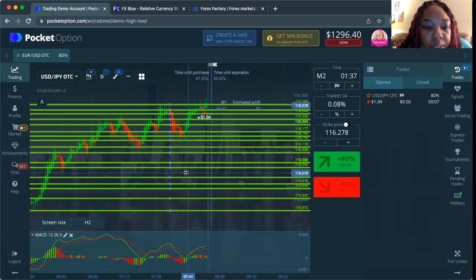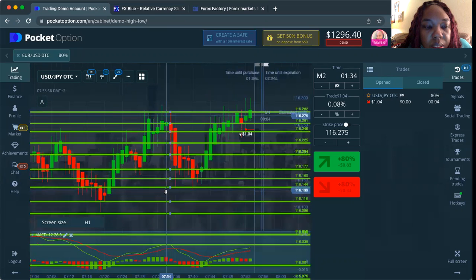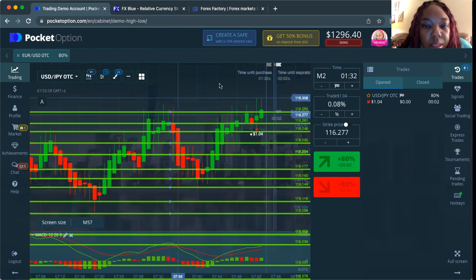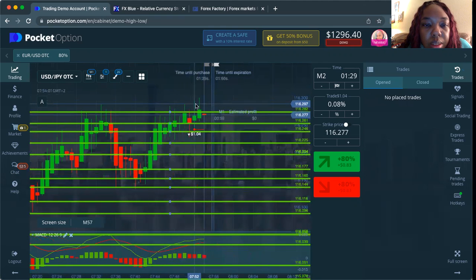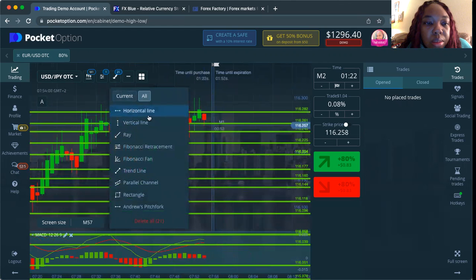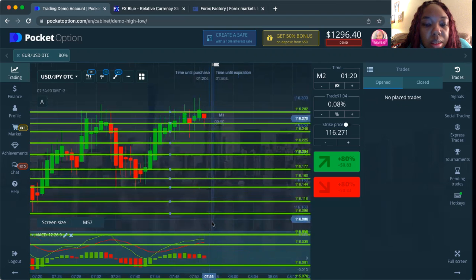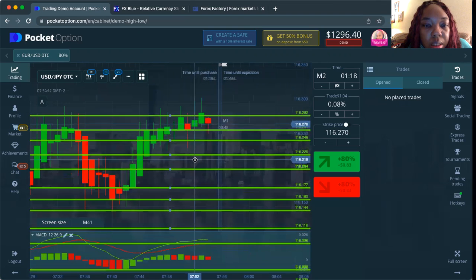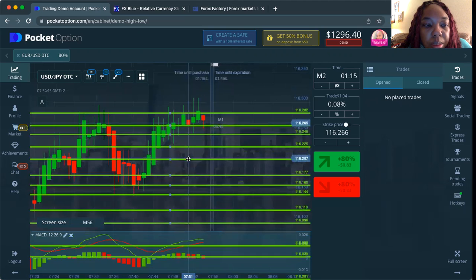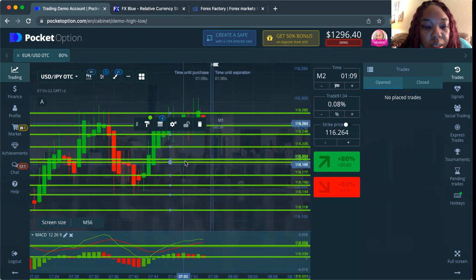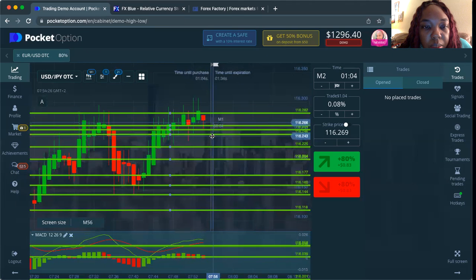That's weird. So this area here is, and I lost that trade. It's got too many horizontal lines right now. I don't know. Oh, there it goes. I saw it move. Where did it go?